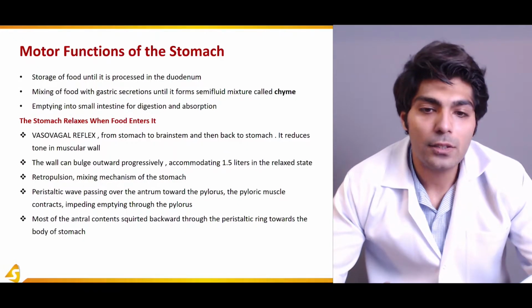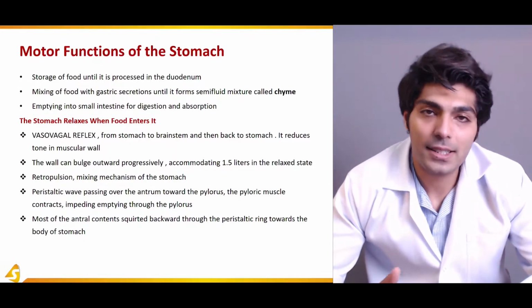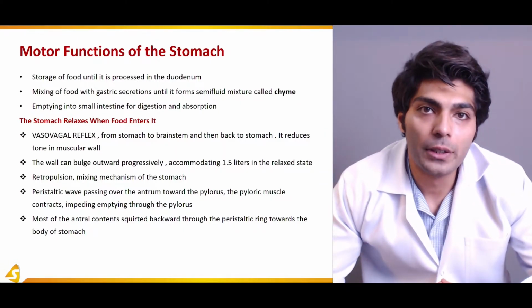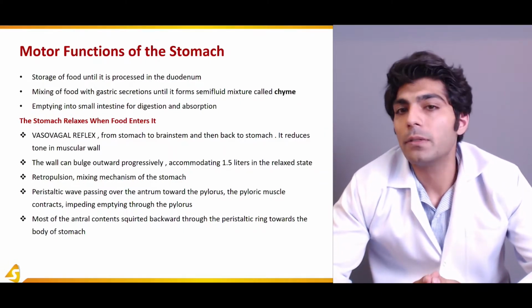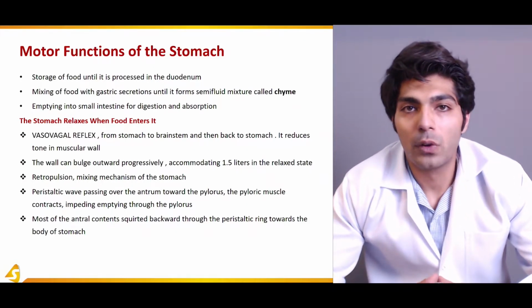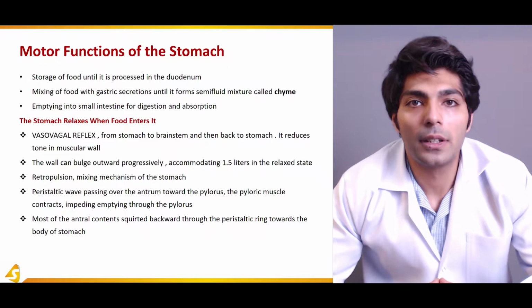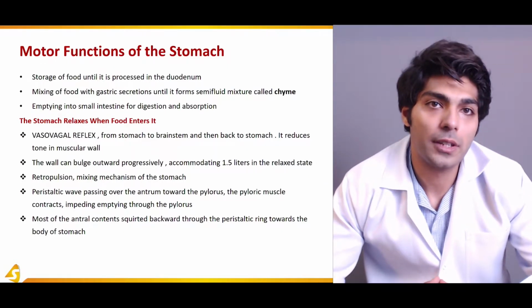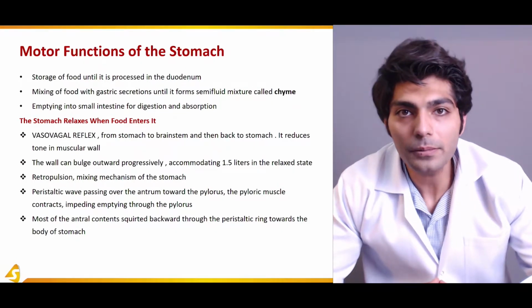So it needs to be properly mixed before the food enters the duodenum. Once the chyme is formed, it passes along the antrum and makes an entry from the pylorus into the duodenum.